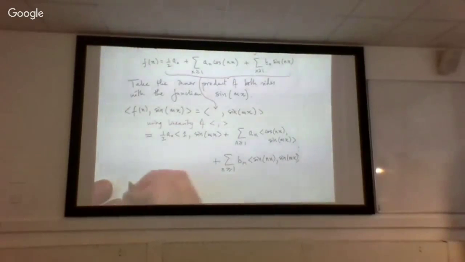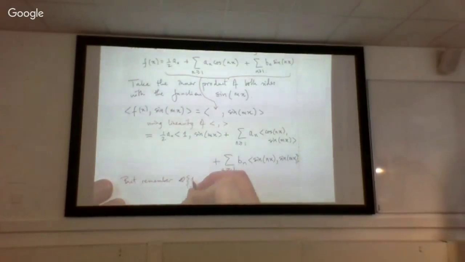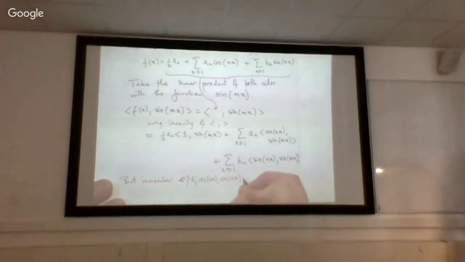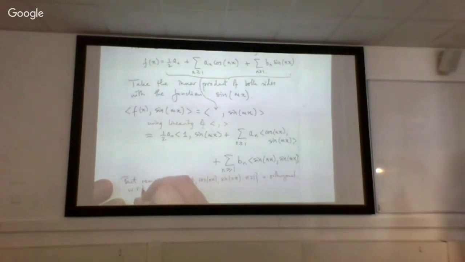But what we're going to use here, remember, is that the family of functions, all the cosines, all the sines, is orthogonal with respect to this inner product.